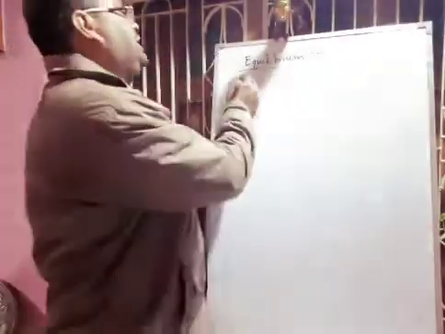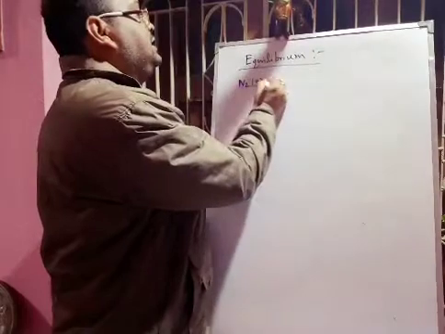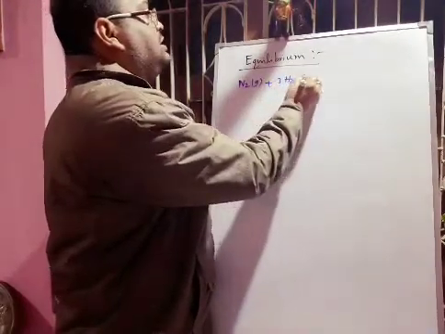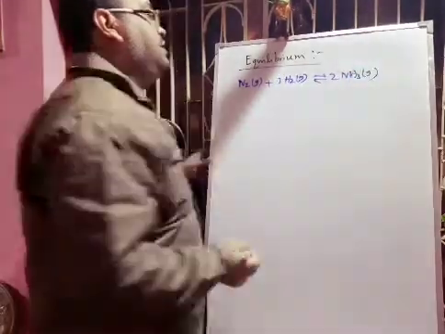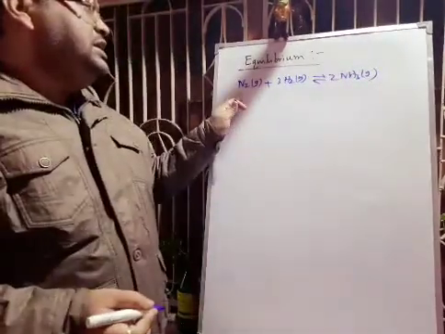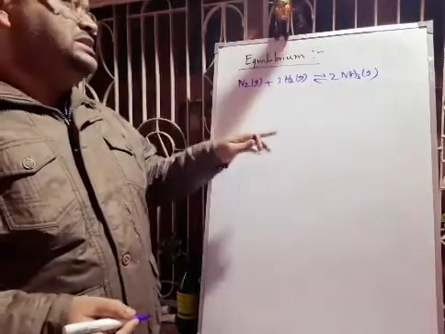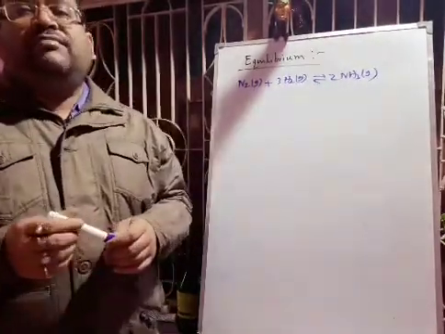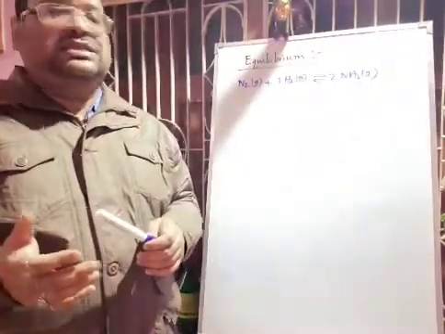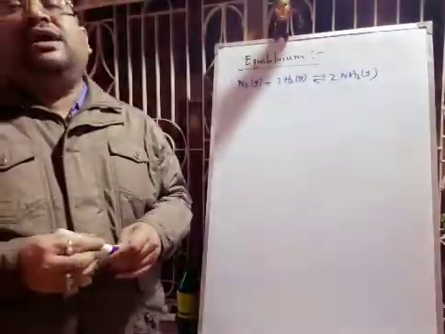We know that nitrogen gas reacts with hydrogen gas forming twice NH3 gas. So this is the Haber process. Here you see that a total of 4 moles is there and it is forming 2 moles.